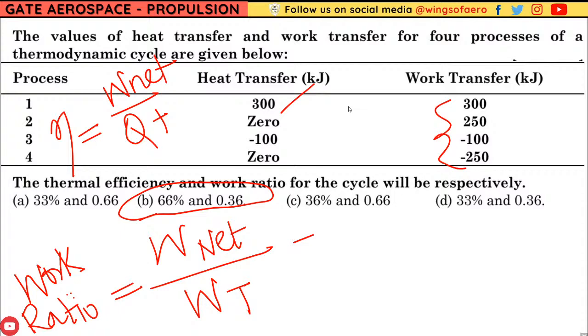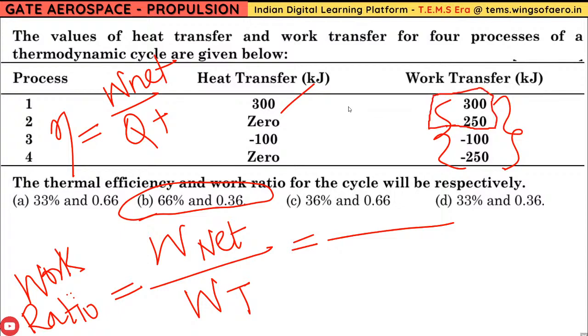And what is net work? Again, you have compiled everything divided by W, work done by turbine. 200 by 300. You have to divide it by WT. T means what is coming out? This is WT. I didn't understand, ma'am.